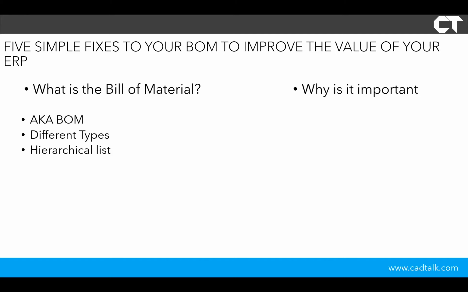Now, a recipe isn't so much hierarchical. But with most products, when I talk about hierarchical, I mean that this bill of material has multiple levels. So it's also called indented, right? It may have many sub-levels, and is often represented graphically with a tree-like structure.